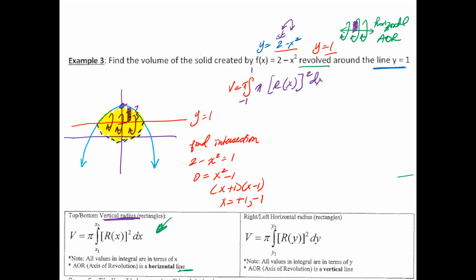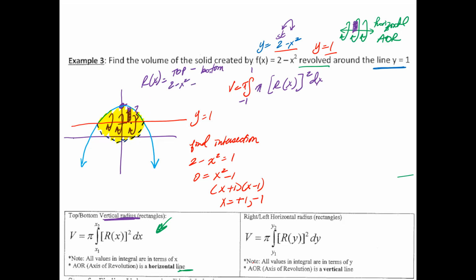And the radius of this rectangle here, if you look at this, it's going to be the top minus the bottom. And if you look at it, what is the top? It's this blue line or this blue graph. And that blue graph is symbolized by 2 minus x squared, minus the bottom.